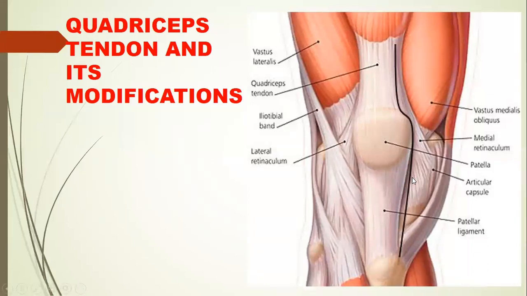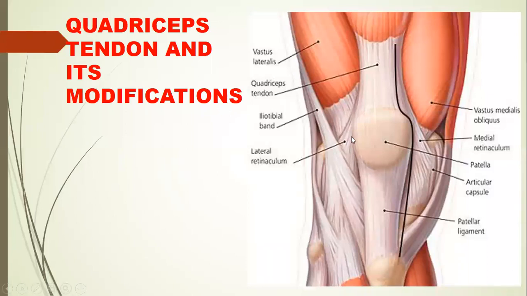Now, once again, what are the retinacula? Retinacula are just extensions or condensations of fibrous tissue. Their texture is the same as in the case of ligaments. Now, this is the extension from the vastus medialis, and this is the extension of the vastus lateralis.